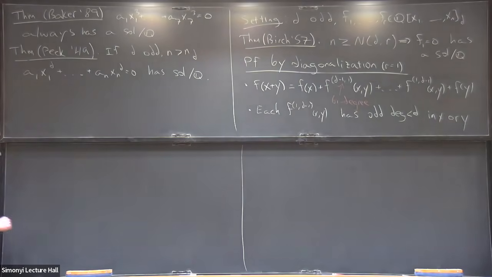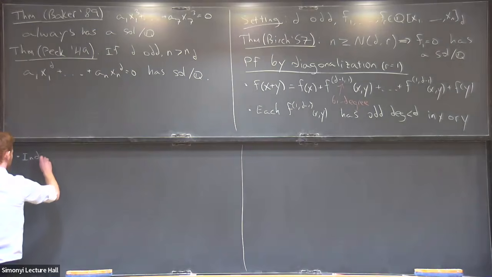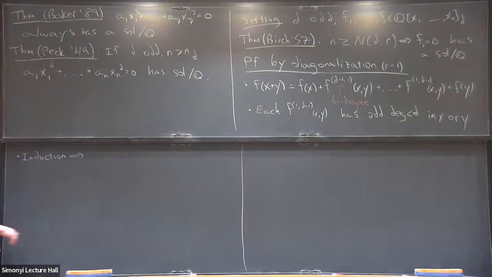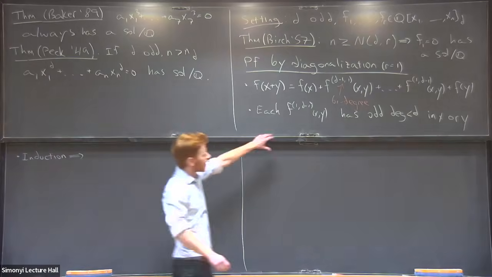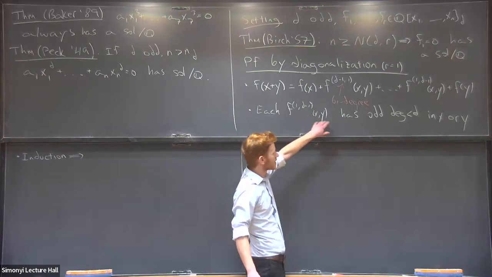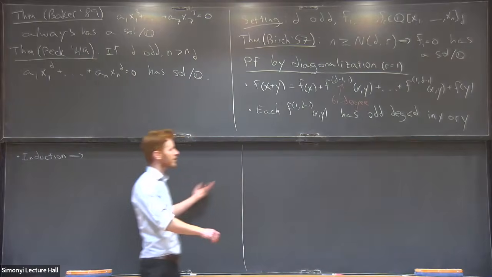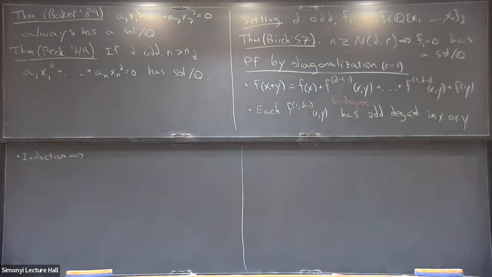Over here, now I'll sweep some details under the rug. We're making the inductive hypothesis that you can solve odd degree equations of lower degree. And so these are odd degree equations of lower degree, and you can solve them in x and y.